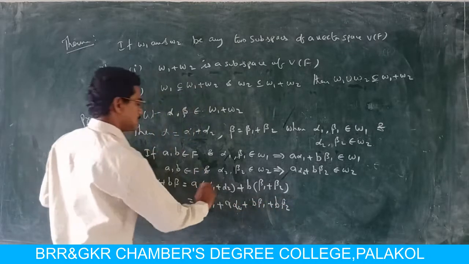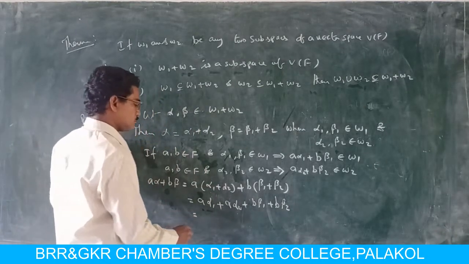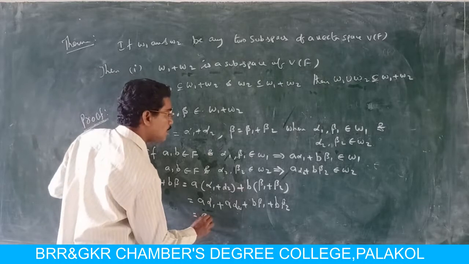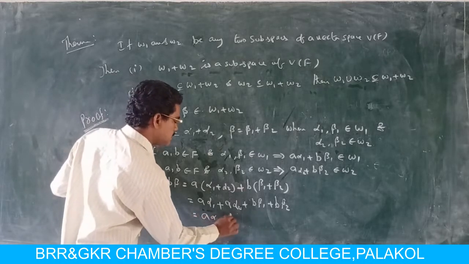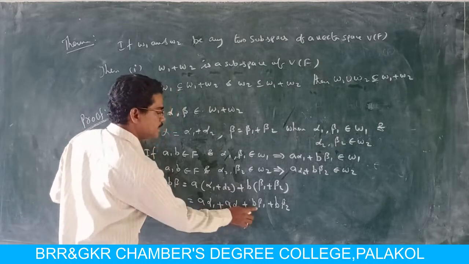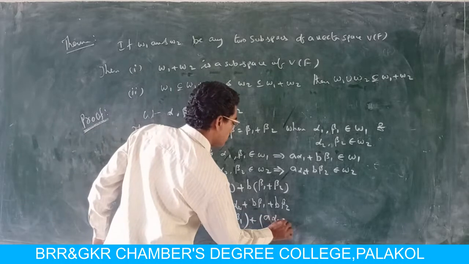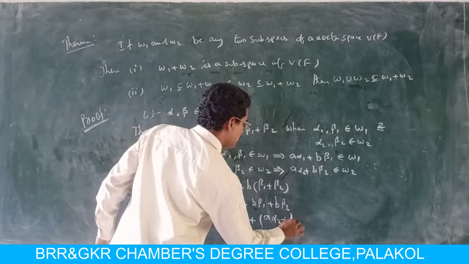This is the scalar multiplication, which is equal to a alpha 1 plus b beta 1 plus a alpha 2 plus b beta 2.